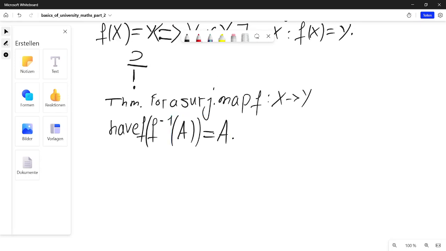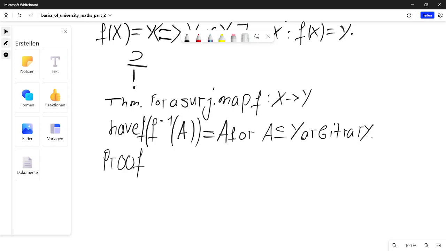One thing is immediate, of course, for a subset A of Y, arbitrarily chosen. If we choose such a subset of Y and we go back and we go forth, of course we will end up in a subset of this A. So that simply holds for a general map.